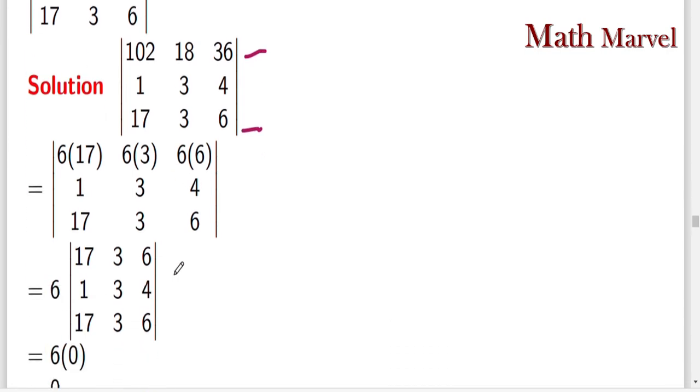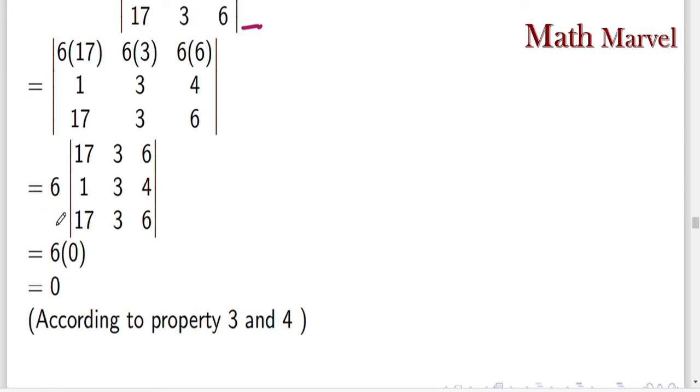Now in row 1, 6 is common. So take 6 outside. Write the remaining elements 17, 3, 6. The second and third rows we write as they are. Now after taking 6 outside, observe that the elements of the first row and the elements of the third row are both the same.